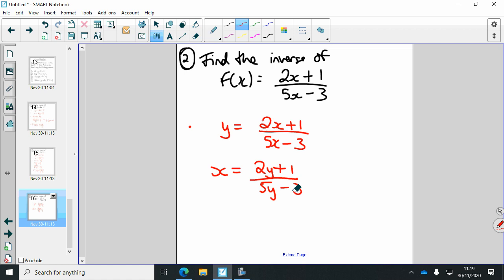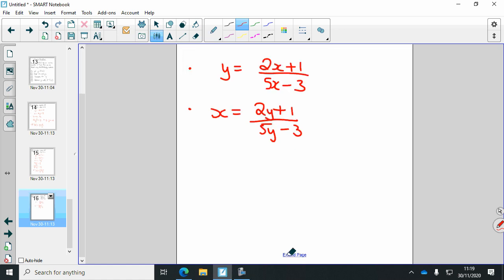So we now need to transpose this. Firstly, we get rid of the fraction by bringing up the 5y minus 3 and multiplying. So it's going to be x bracket 5y minus 3 equals 2y plus 1. And because the y is in the bracket, we need to multiply out to get it out of the bracket.